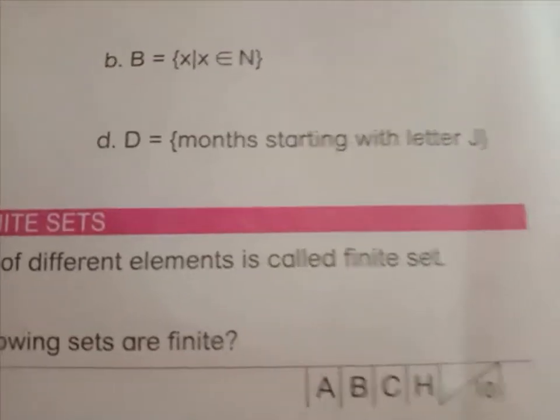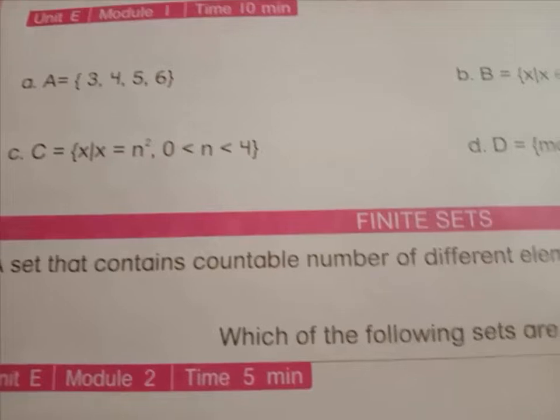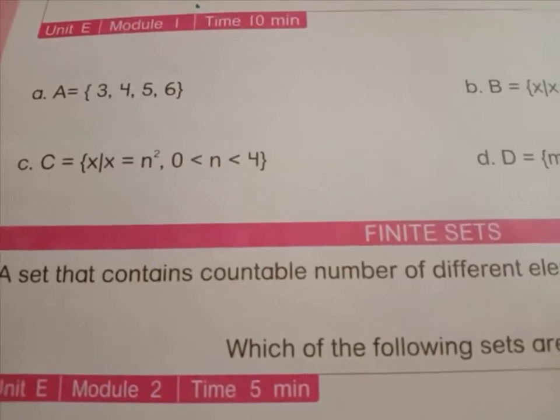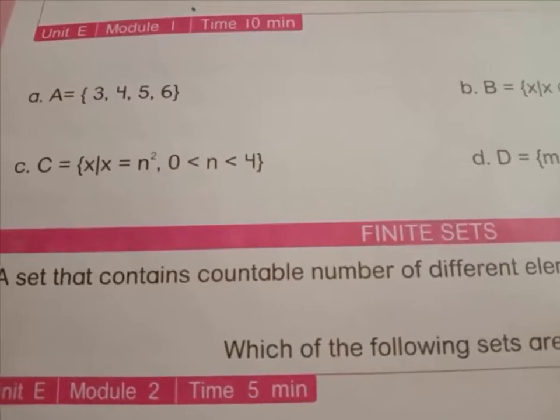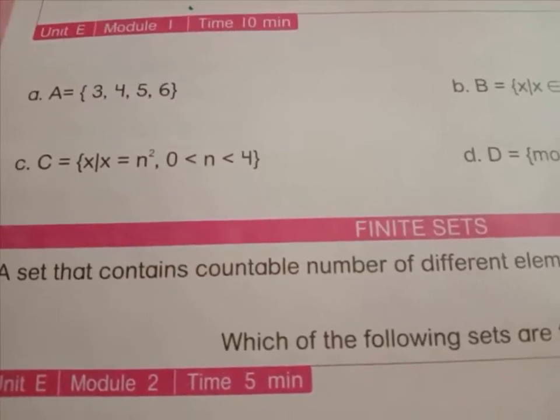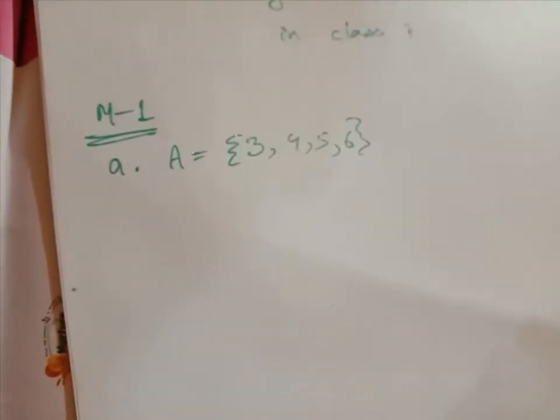Okay, now let us move on. In module number 1, question number A is given. The set A containing elements 3, 4, 5 and 6. So this is the question.